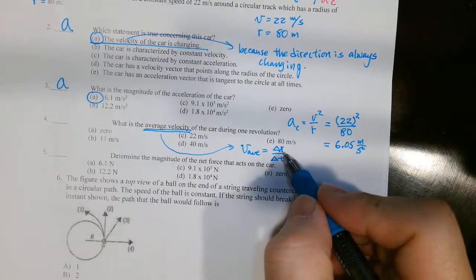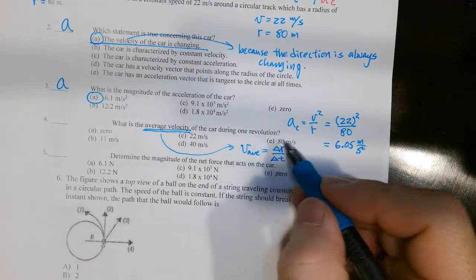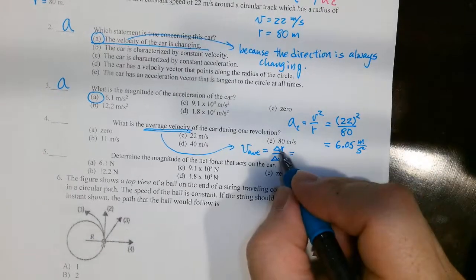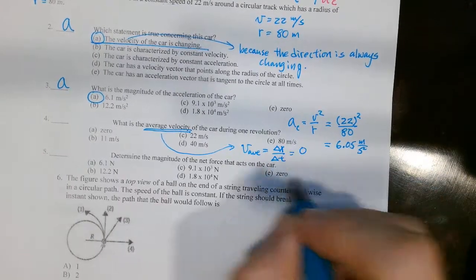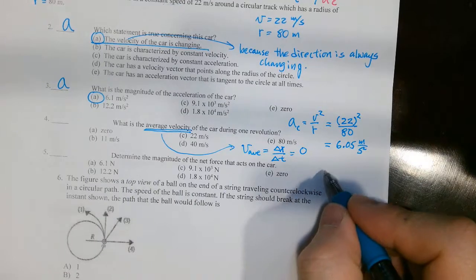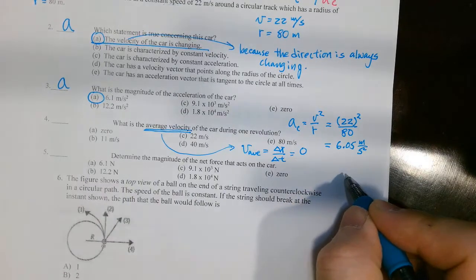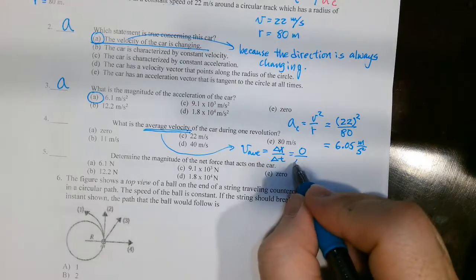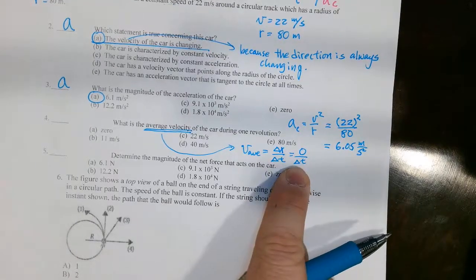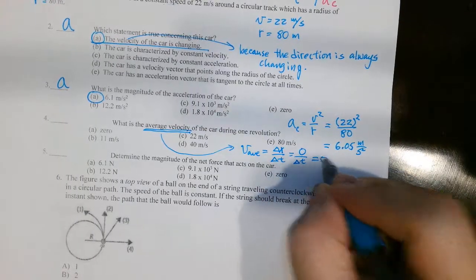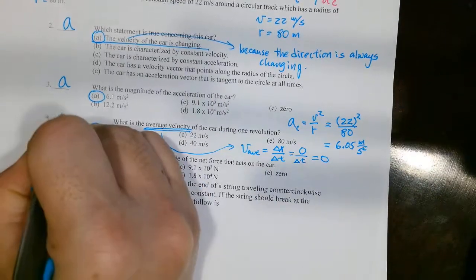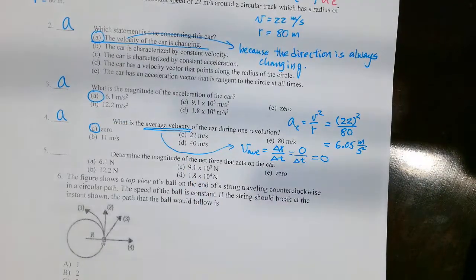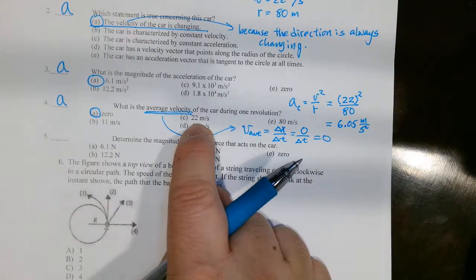What's the change in position when it makes one complete circle? Change in position is 0 because it starts at one point and comes back to the same starting point. Therefore, my change in position is 0 divided by change in time. So it doesn't matter what the time is, it's still going to be 0. So 0 is the correct answer. A popular wrong answer would be 22.